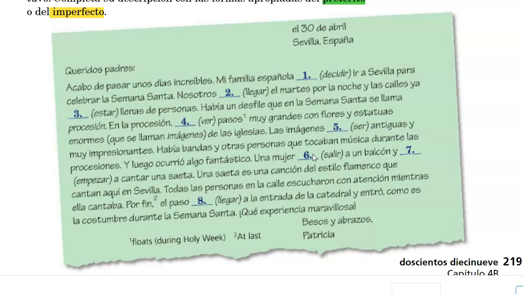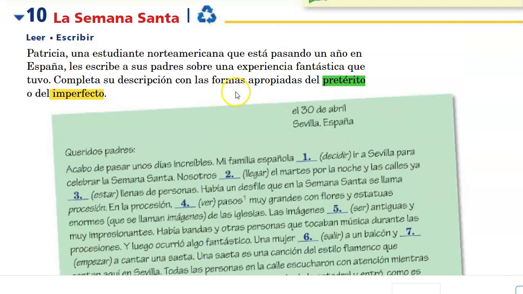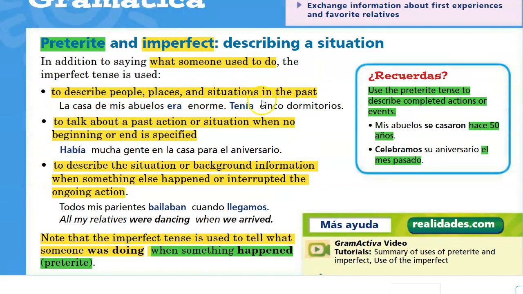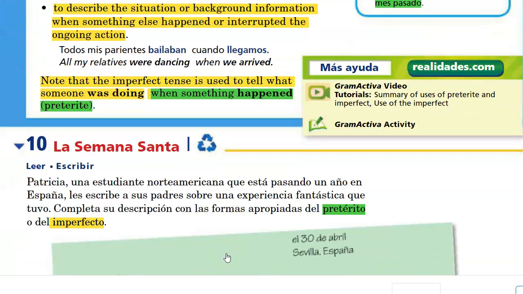Or does it feel like it's a verb in the imperfect because it's a continuous action? Or it's describing a person, place, or thing? Or is it providing some background information to tell us what someone was doing, and then whatever happened thereafter would be in the preterite?